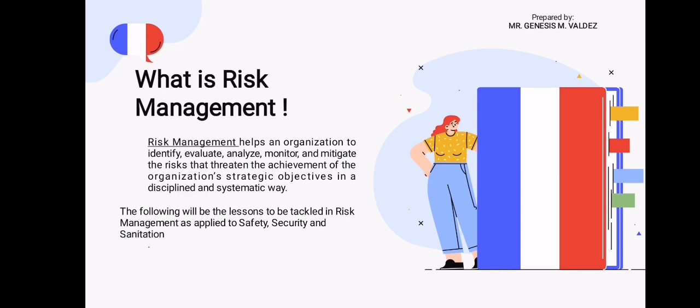Sabi nga nila, risk management is a logical and methodological approach of setting the context by identifying, analyzing, assessing, treating, monitoring, and communicating risk connected with any activity, function, or process.